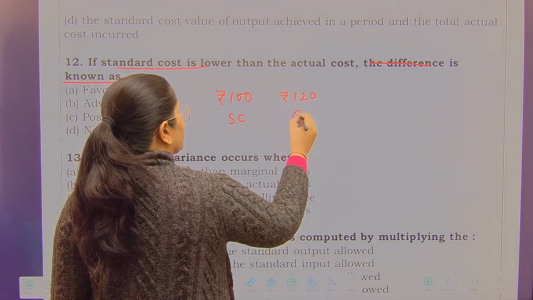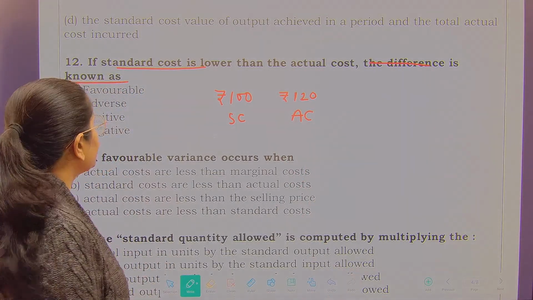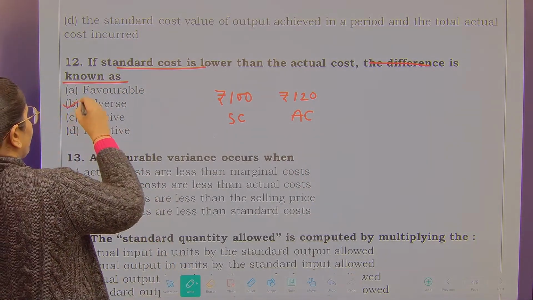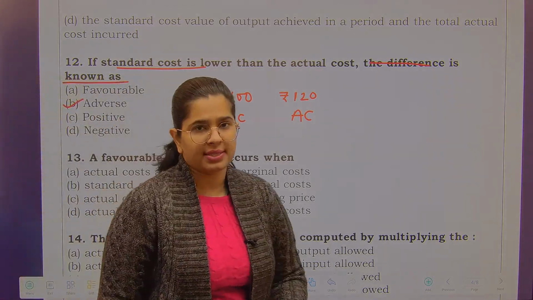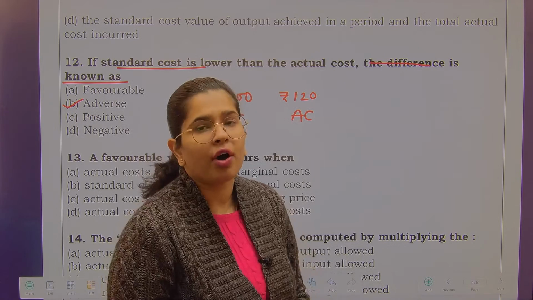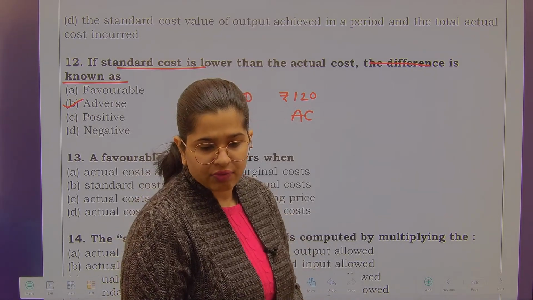This is your actual cost, right? So in this scenario, this result is adverse for you. Don't say negative. We talk about variances in terms of favorable or adverse.